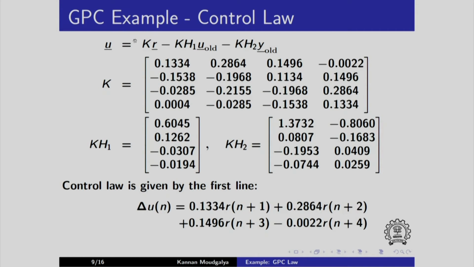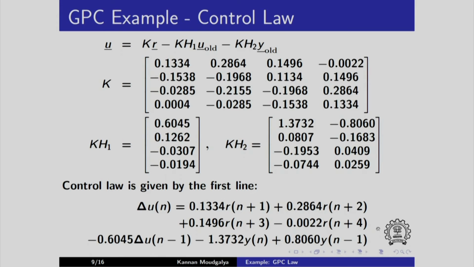So you can see that it is given by the first row multiplied by this reference signal. So we have 0.1334 into R of n plus 1, 0.2864 into R of n plus 2 and so on. Then KH1 into U volt. So we have to take only the first term.